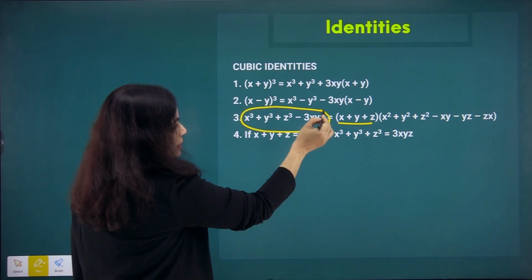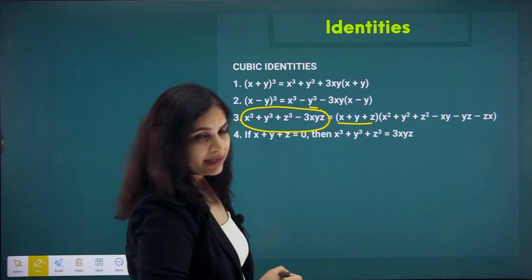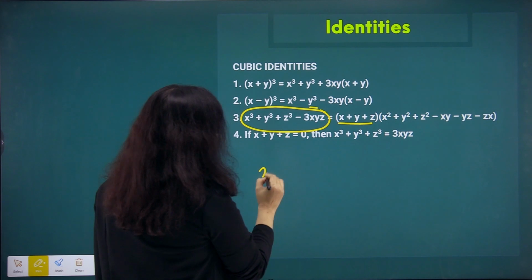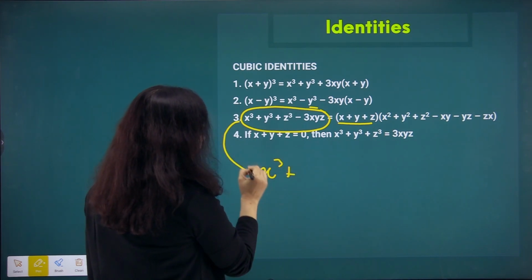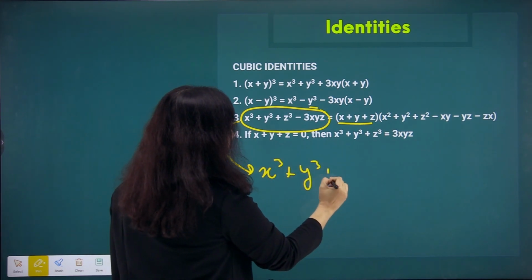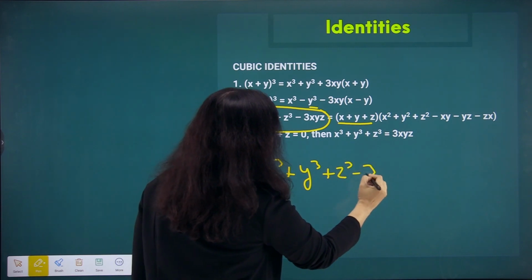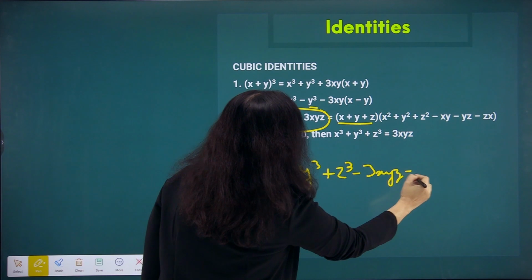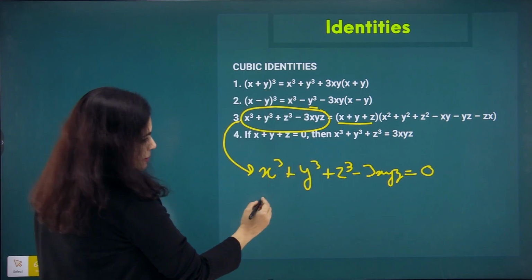So, finally, my answer will rest at minus 3xyz. Obviously, if this becomes 0, the entire left hand side becomes 0.